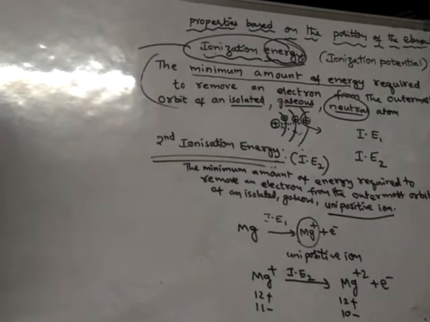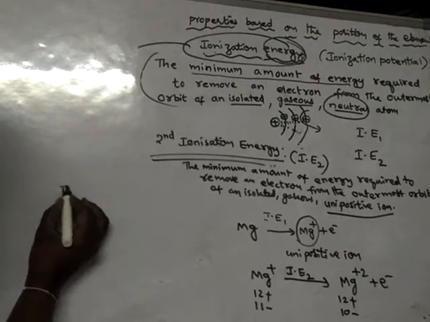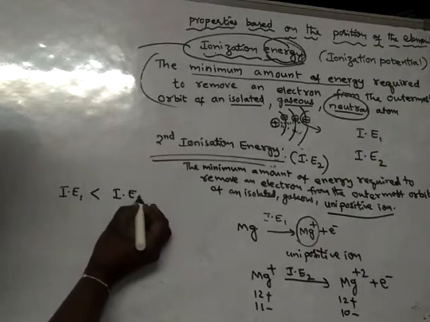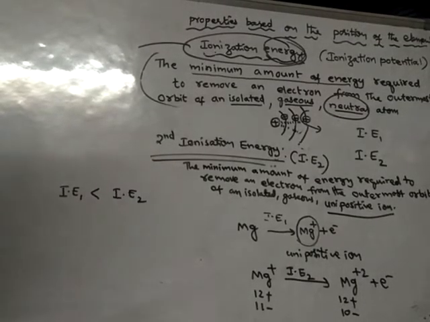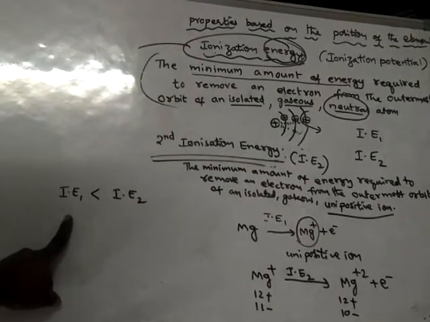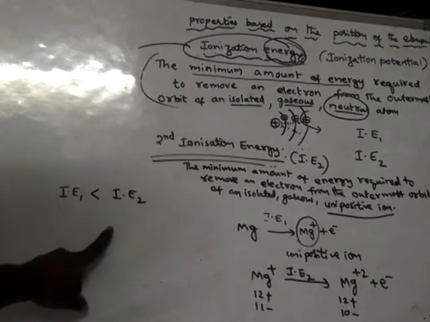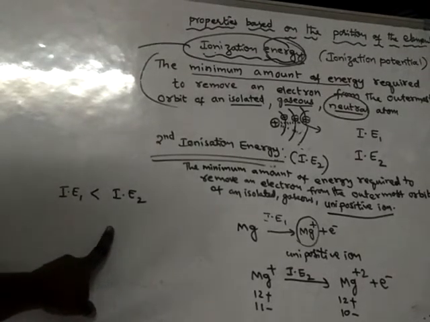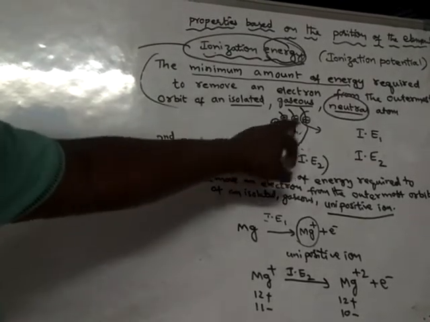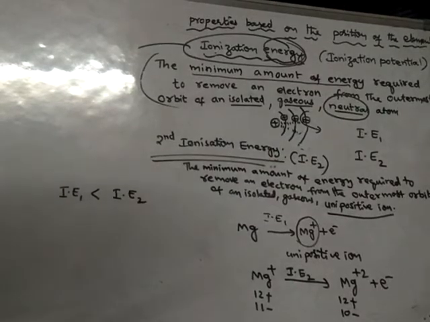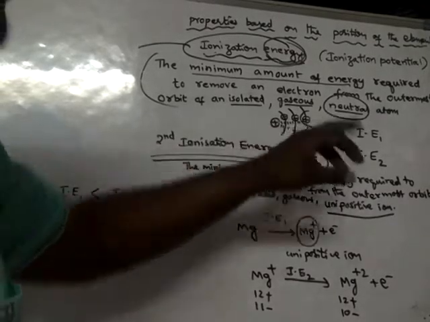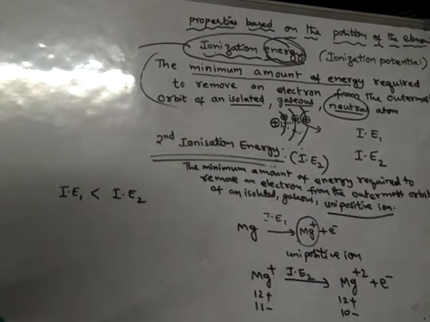Remember that first ionization energy is always less than second ionization energy. This is the most important thing, because for removing the first electron I have to spend some energy, but for removing the second electron I have to spend more energy. By that time the nucleus will become more powerful and show more force of attraction on the second electron, because the number of positive charges has not changed, but the number of negative charges has decreased after taking out one electron.